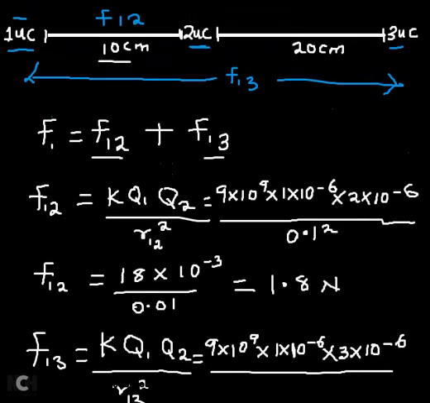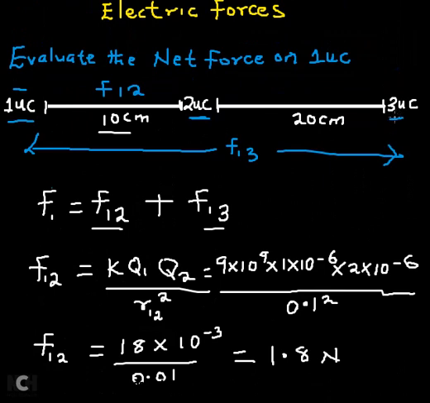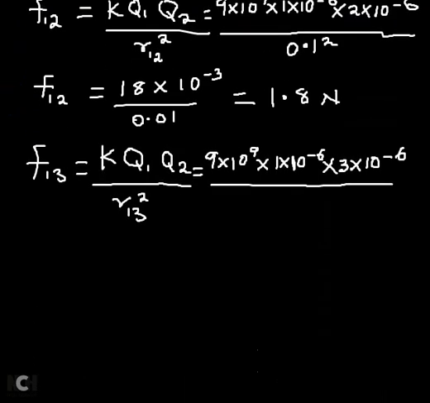The distance from Q3 to Q1, as you can see, is 30 cm, because this is 20 and this is 10. That makes it 30 cm, and converted to meters, that gives me 0.3 squared.